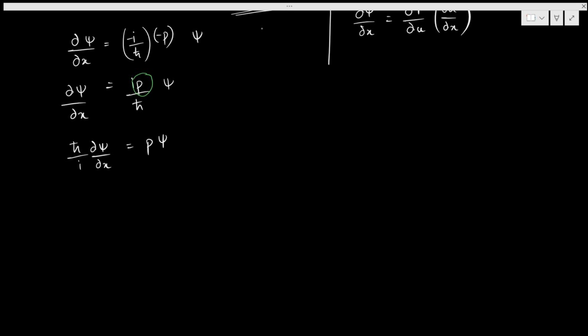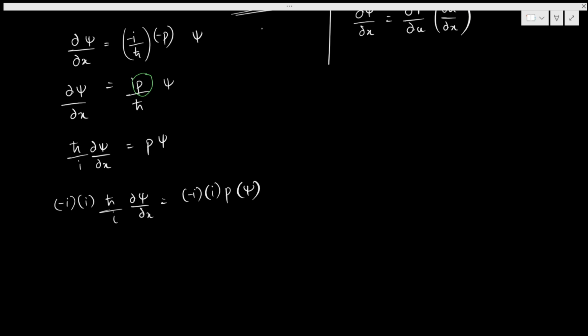So just to make it a little bit more aesthetically pleasing, what we're going to do is multiply by minus i into i on both sides. h cross by i dou psi by dou x is equal to minus i into i p into psi.